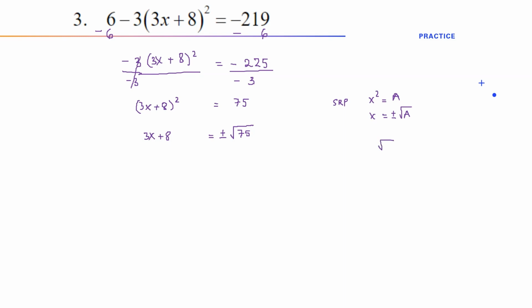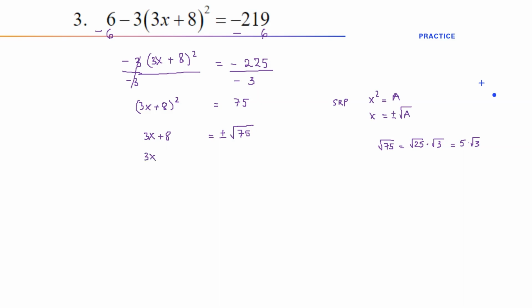And what is square root of 75? That is square root of 25 multiplied by square root of 3. And square root of 25 is 5. So that's 5 square root of 3.